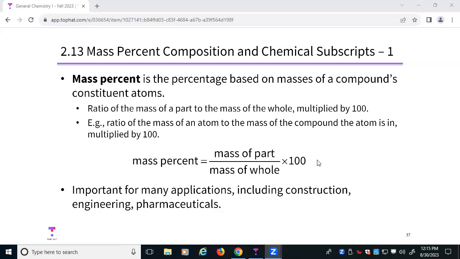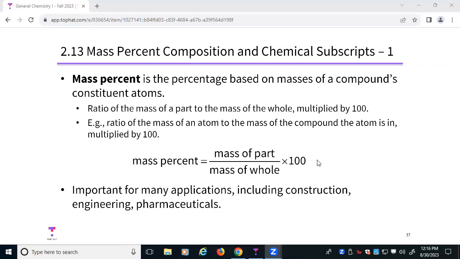Now, putting that into something that you've seen very recently, the lab that you just did had those components in it. Because I took the mass of my copper, and I also figured out the mass of the copper sulfur compound, whatever that was.